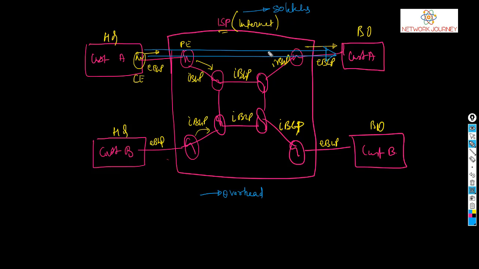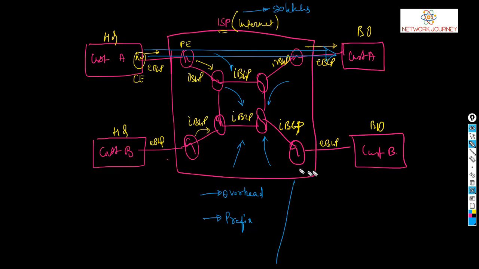If we don't go with technologies like MPLS, we are just trying to exhaust those routers which are kept at the ISP end. So we are increasing the overhead. The prefixes will keep on increasing, right? The prefixes get learned on every router. So there are a couple of issues with this kind of design.